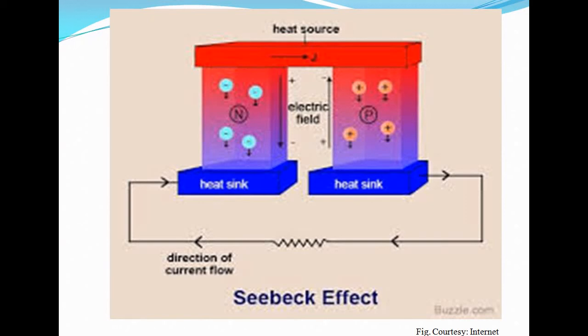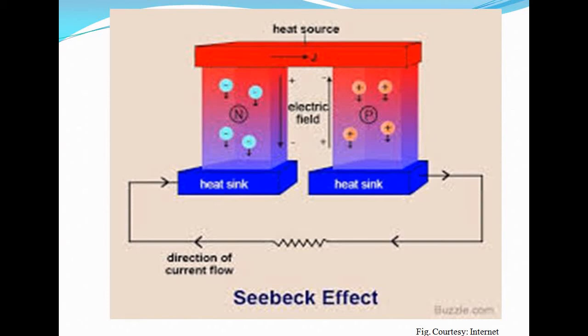That is a figure of the Seebeck effect. You can see here, this is the heat source, this is the heat sink, and these are the N and P type semiconductor materials, and this is the electrical circuit where a load or resistance is connected. So what happens: at the heat source end, we are supplying heat to this particular end, and you can see here the heat sink.